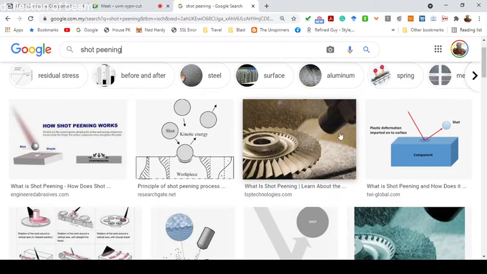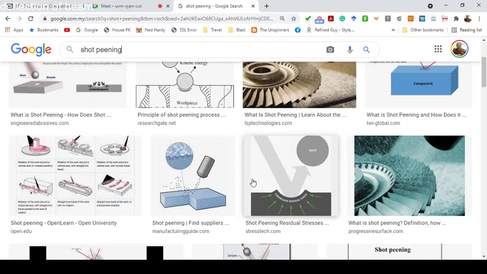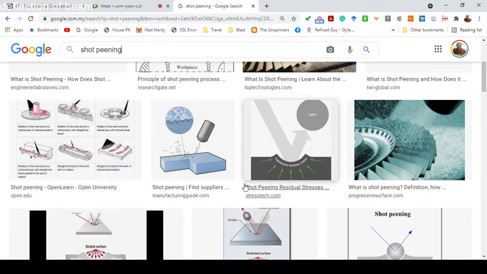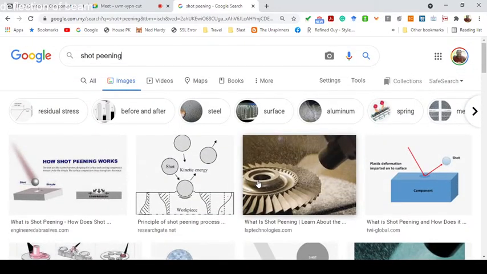You see here, some sort of ball bearing? No, it's not directly a ball bearing, but some small particles are shot onto the surface.